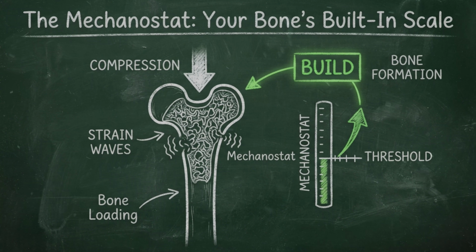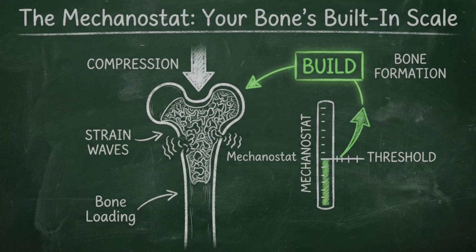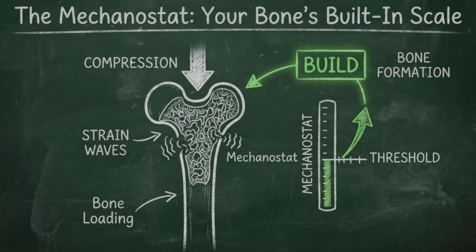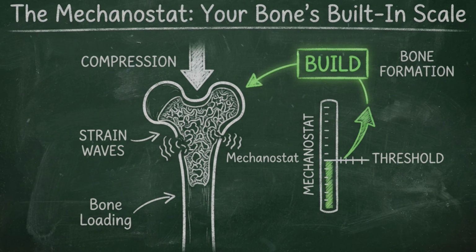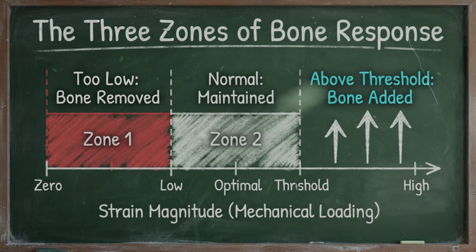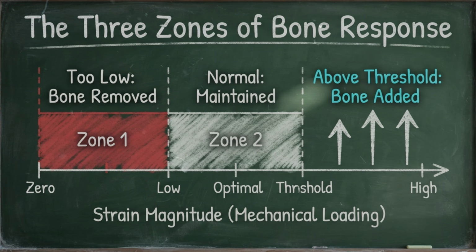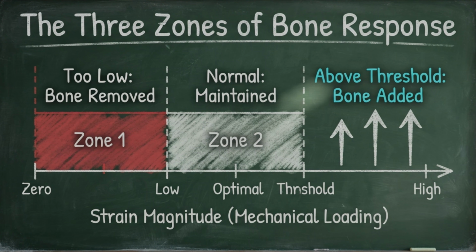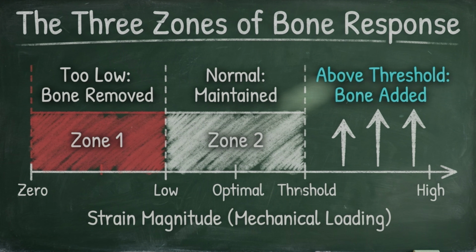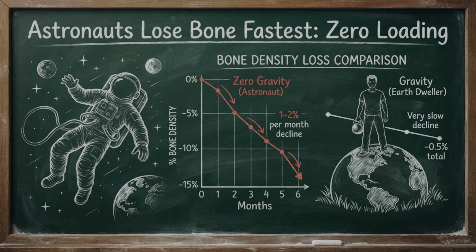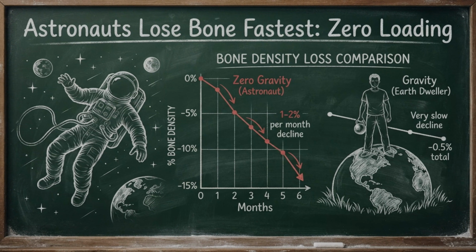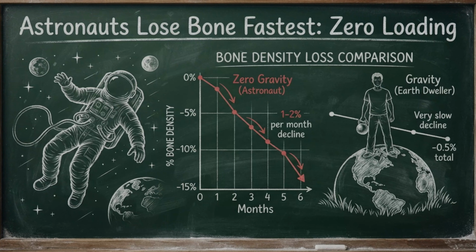In 1987, Harold Frost at the Southern Colorado Clinic published a theoretical framework that reorganized the understanding of bone biology. He called it the mechanostat theory, and its central claim was that bone tissue maintains a set point of mechanical strain, a target range of deformation under load, and adjusts its mass and architecture to keep the actual strains within that range.